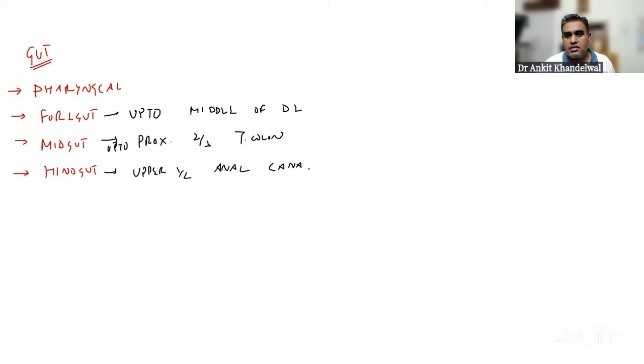Now, if you remember from the previous session, we discussed that at very few places in our body, ectoderm is in direct contact with endoderm. This is one of the parts, the anal canal. So the upper half of the anal canal is a part coming from the hindgut. And mind you, all this gut is endodermal. Therefore, the distal part of the anal canal was ectoderm.